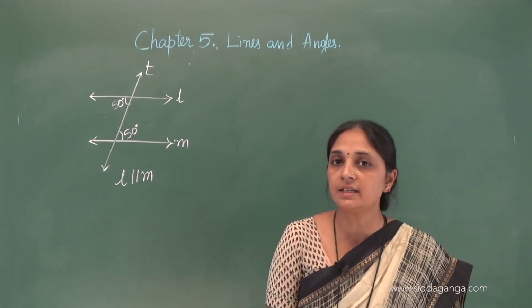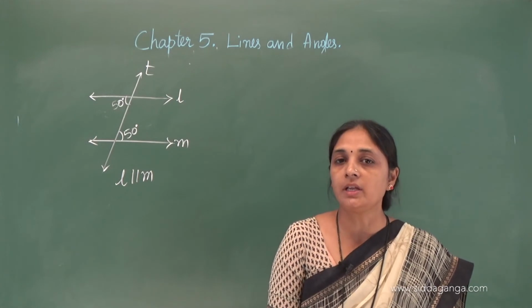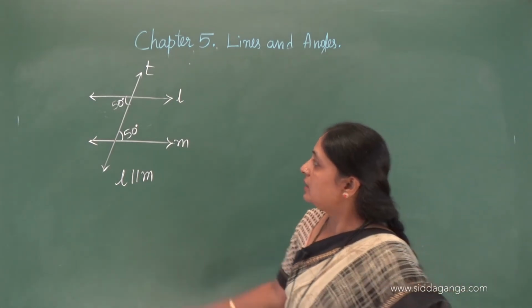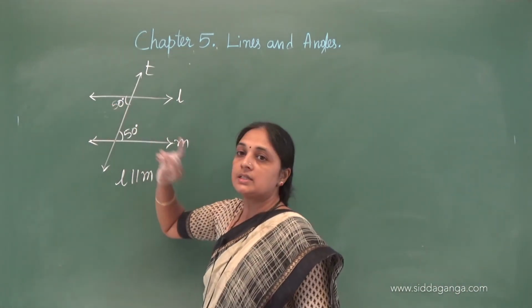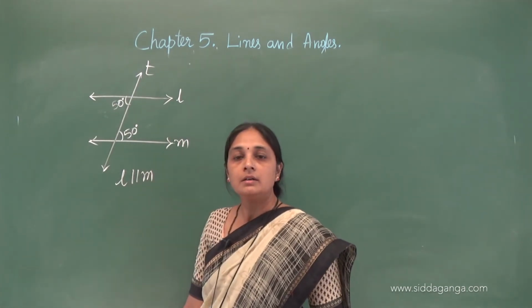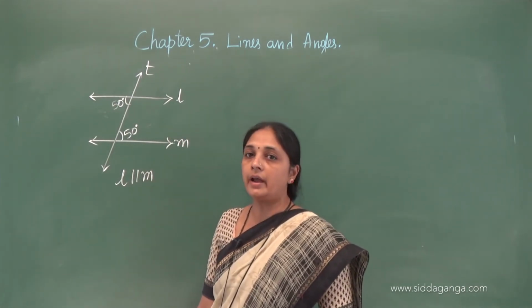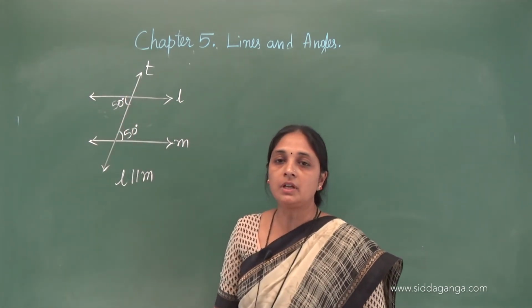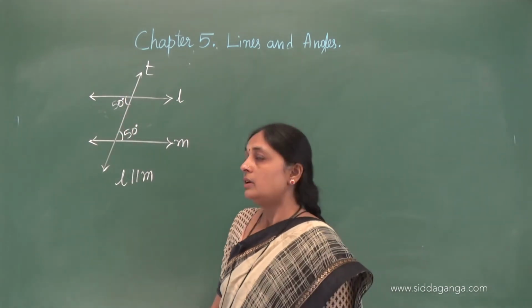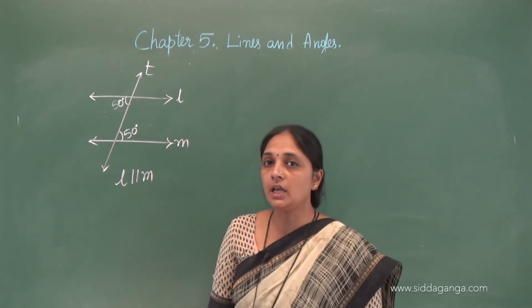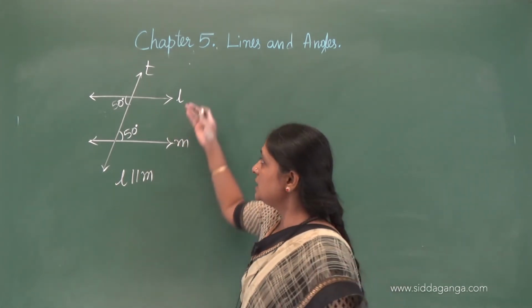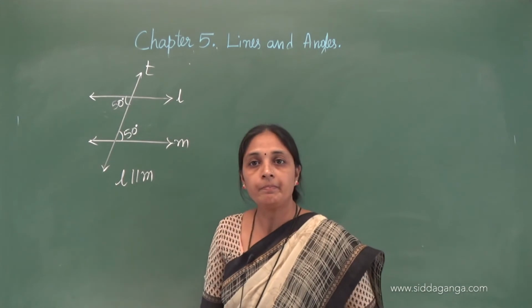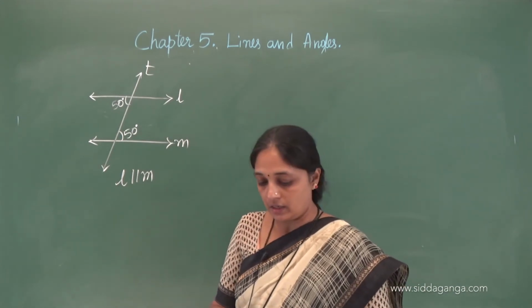Yes, we have the reason: these two angles are alternate interior angles and they have the same measure, 50 degree and 50 degree. If alternate interior angles are equal in measure, then these two lines are said to be parallel.